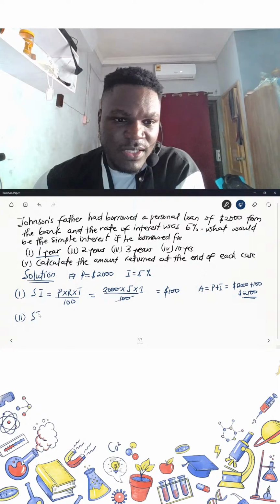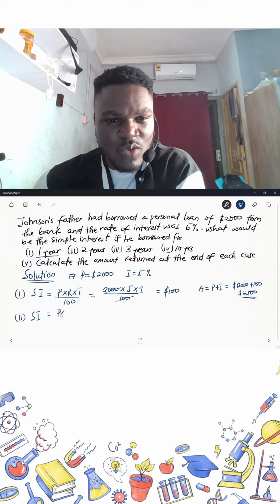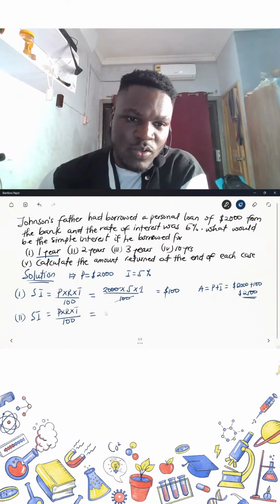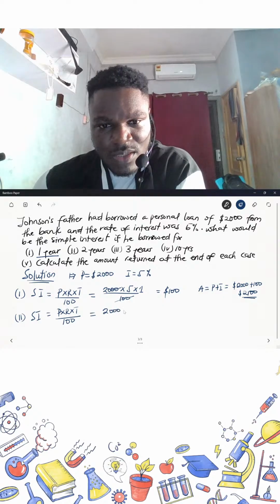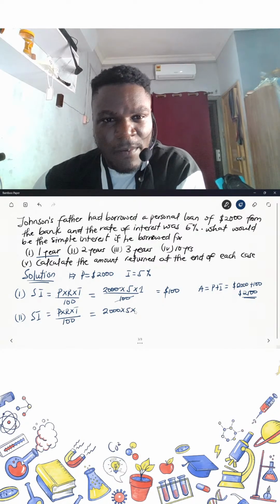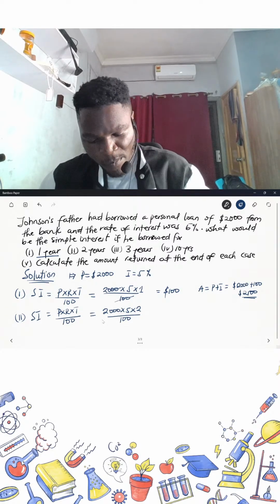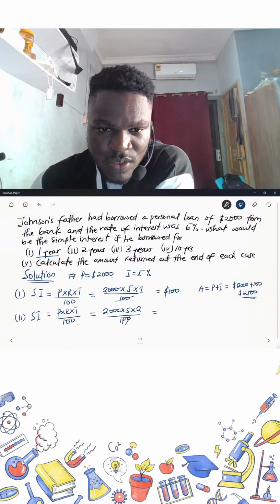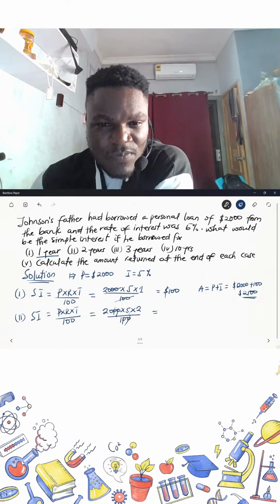The interest for the second instance will use the same formula, principal times rate times time, all divided by 100. The principal is the same, which is the 2,000. The rate is also the same, but here the time is 2 years, and then we divide by 100. These 2 zeros will cancel, so we have 20 multiplied by 5, which gives us 100.